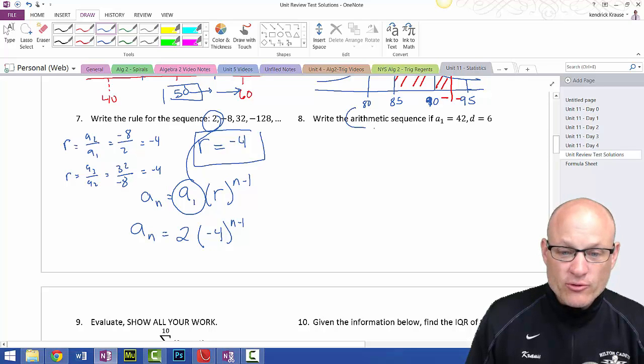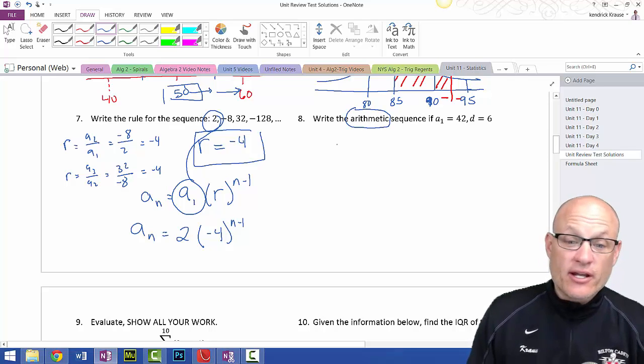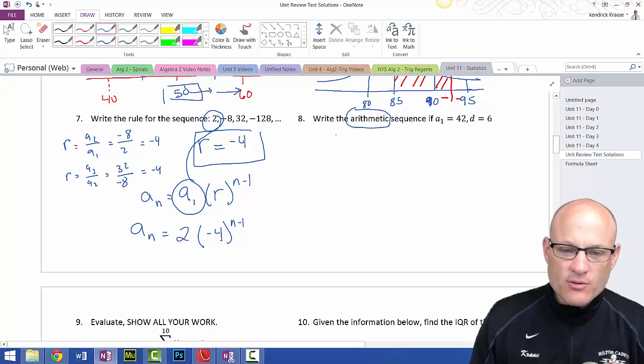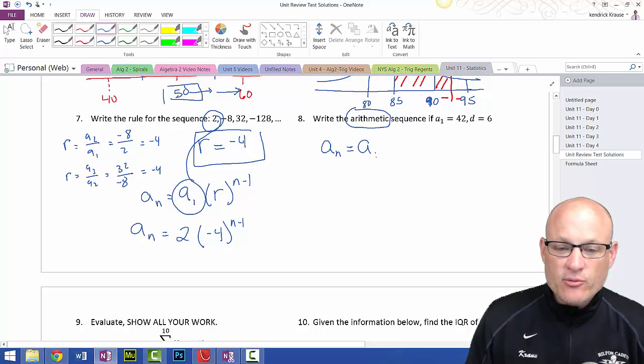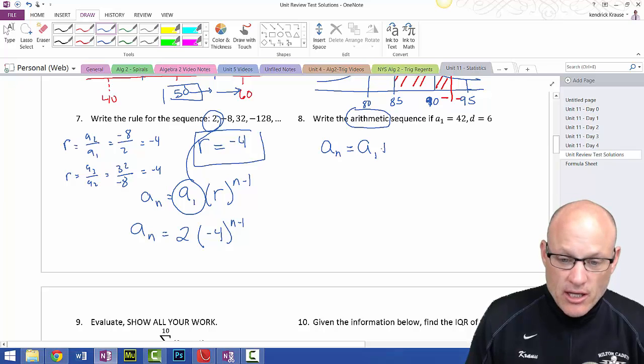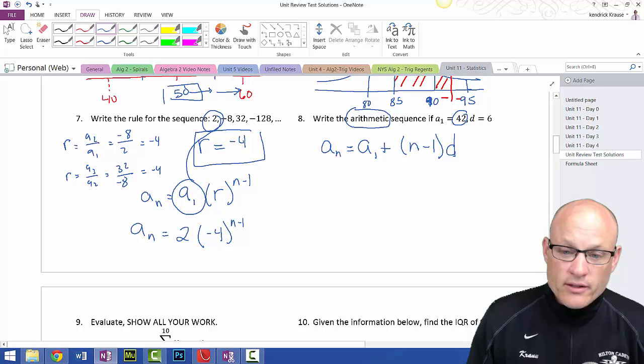I told you this was an arithmetic sequence. What I didn't do is tell you that I want you to write the rule, which is what I should have put in directions, but I didn't. So since it's arithmetic, I'm going to use the formula A sub n is equal to A sub 1 plus n minus 1 times d. Well, A sub 1 is 42, and d is 6.